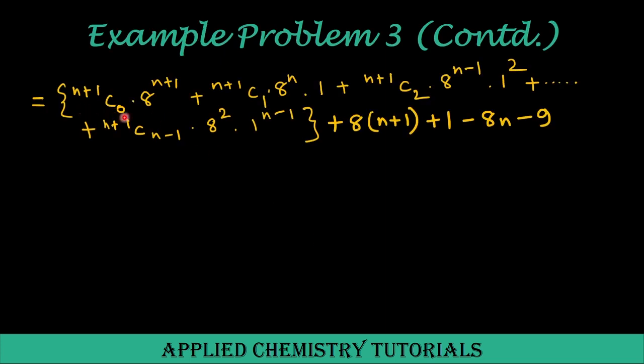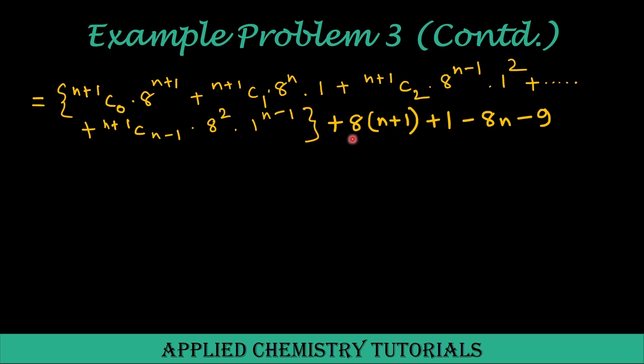So we can have n plus 1 c0 multiplied by 8 to the power n plus 1, plus n plus 1 c1 multiplied by 8 to the power n multiplied by 1, plus n plus 1 c2 multiplied by 8 to the power n minus 1 multiplied by 1 square, plus so on and so forth, plus n plus 1 c n minus 1 multiplied by 8 square multiplied by 1 to the power n minus 1, and these are all in the second bracket.